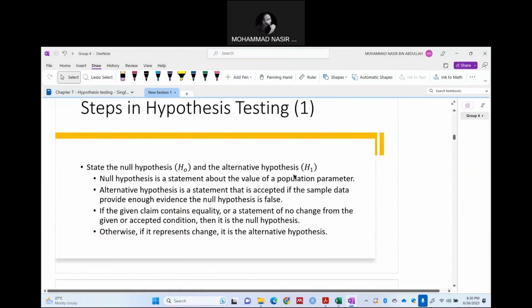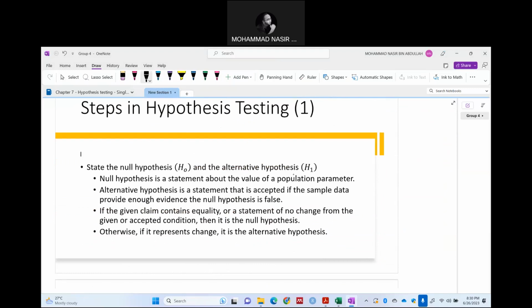Step in hypothesis testing. This is the first step. When we want to perform a hypothesis test, the first step is we need to state the null hypothesis and the alternative hypothesis. So this is a hypothesis statement. The null hypothesis is a statement about the population parameter.